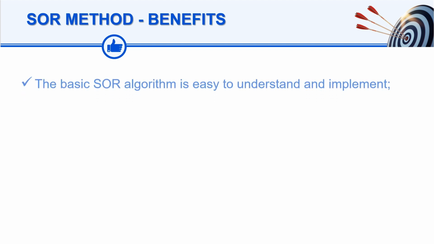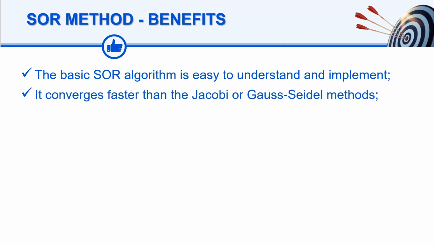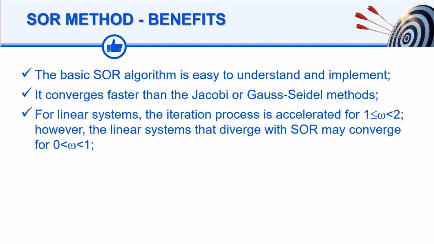The benefits of the SOR method are: the basic SOR algorithm is easy to understand and implement. It converges faster than the Jacobi or Gauss-Seidel methods. The iteration process is accelerated for omega values between 1 and 2. However, linear systems that diverge with SOR may converge for omega values between 0 and 1.